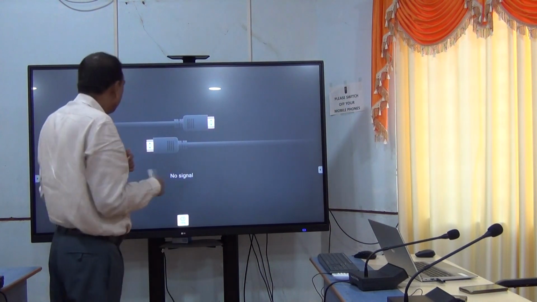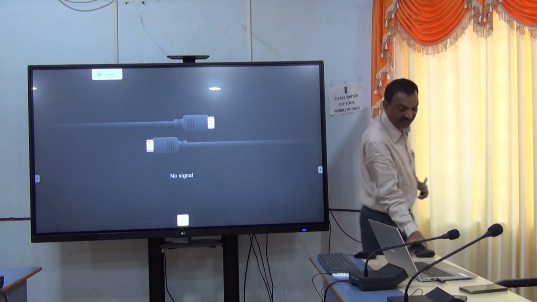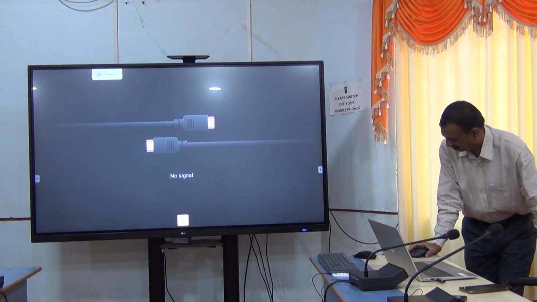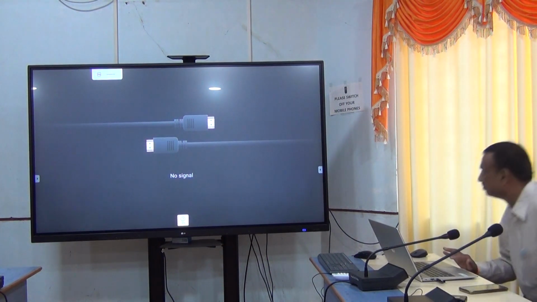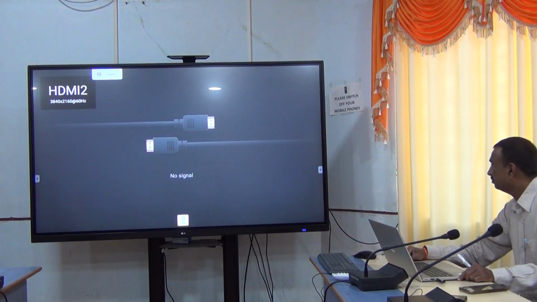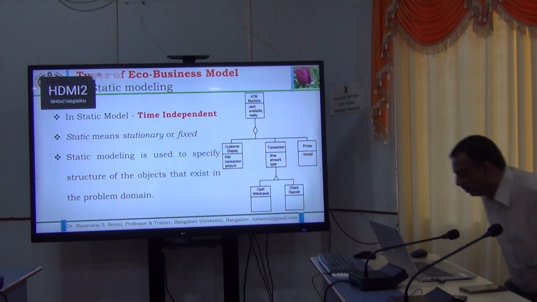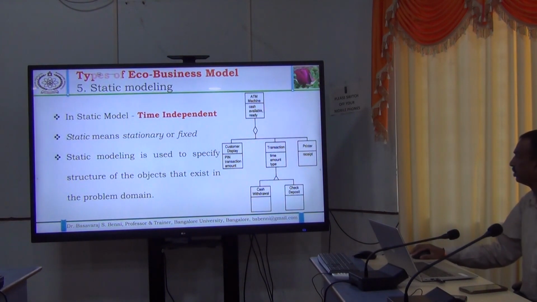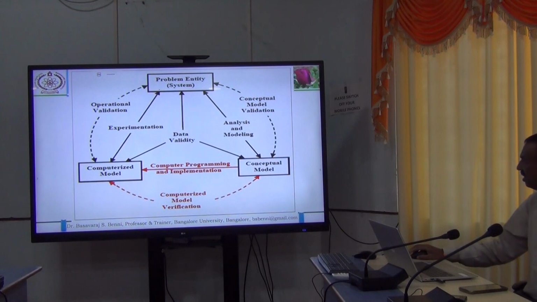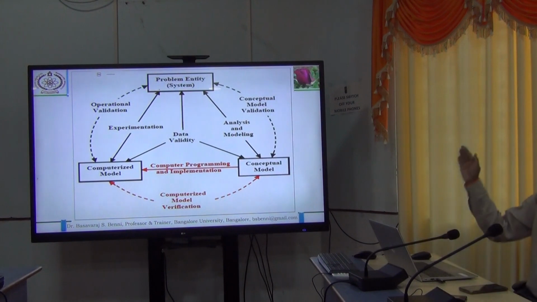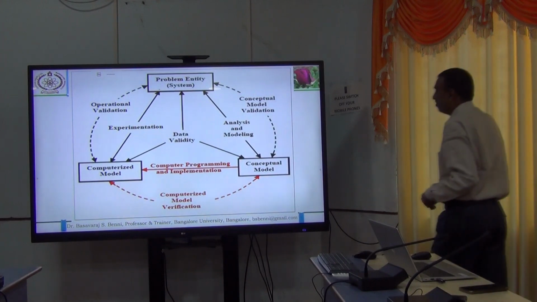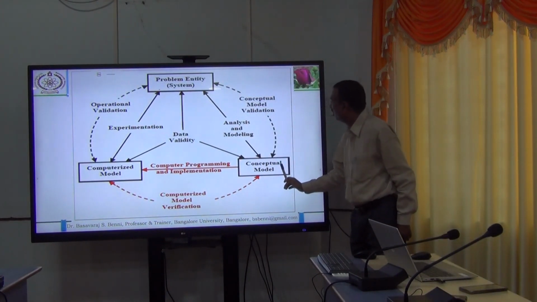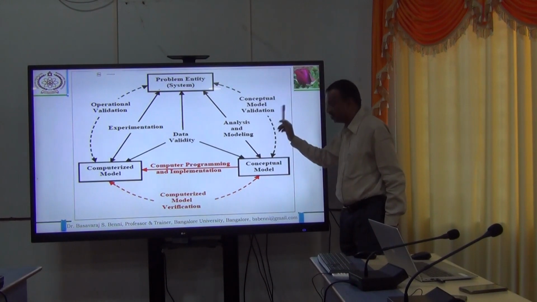Very interesting things happen. So the point here is, what I mean to say is clear. We need to understand these issues well. Data validity is very important. Once you understand data validity, please also understand the process between the problem and the conceptual model, the conceptual model validation.